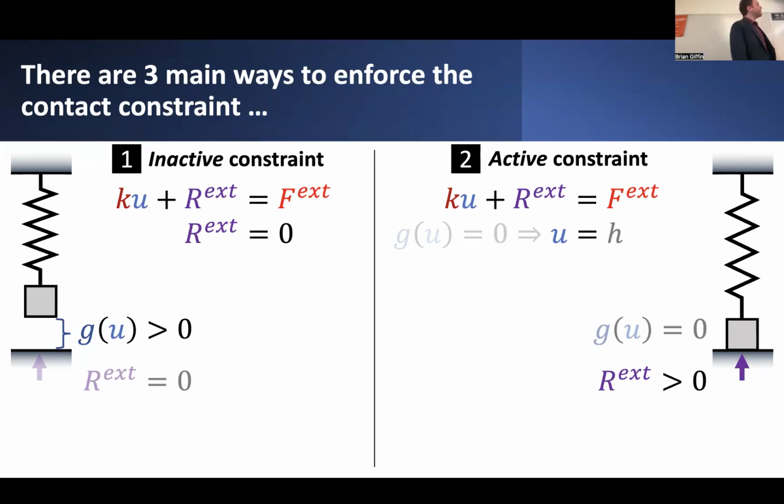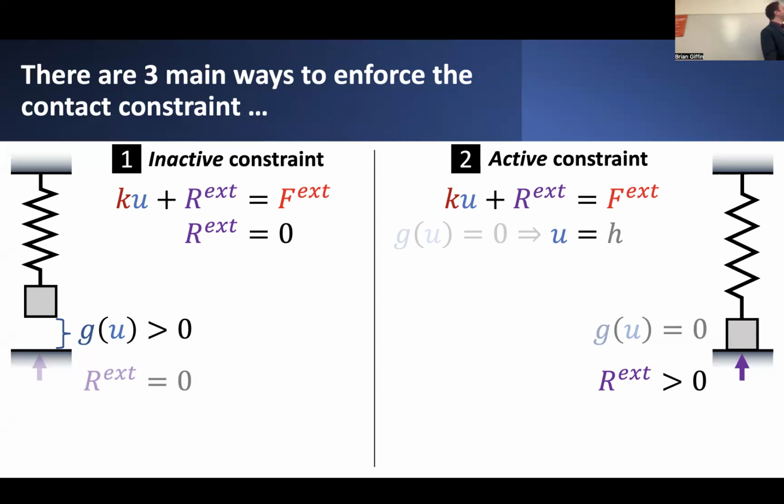So if we are going to solve for this extra variable, it's not enough to just solve the equilibrium equations. We need another equation. That additional equation really comes from one of those two inequality constraints, either on the reaction force or on the gap function, in order to determine what this reaction force is.